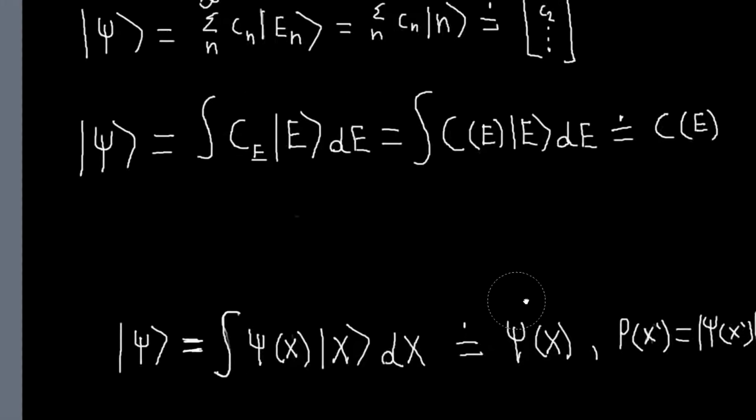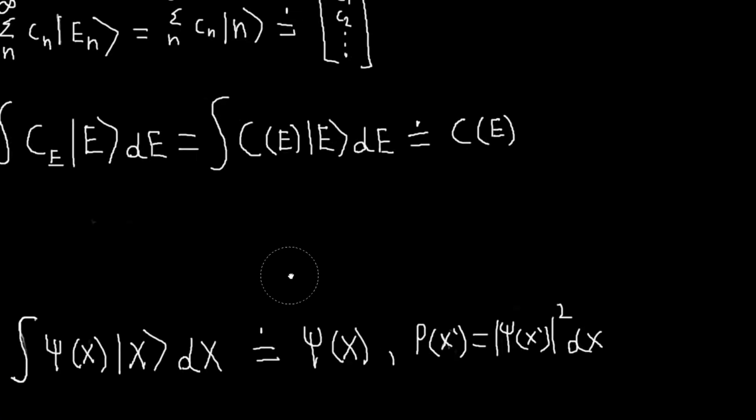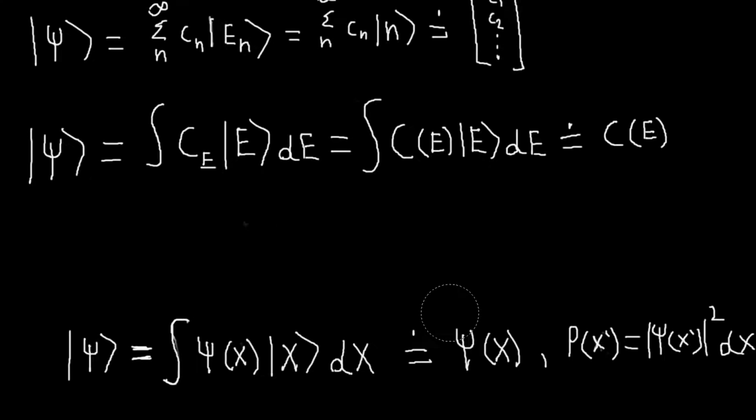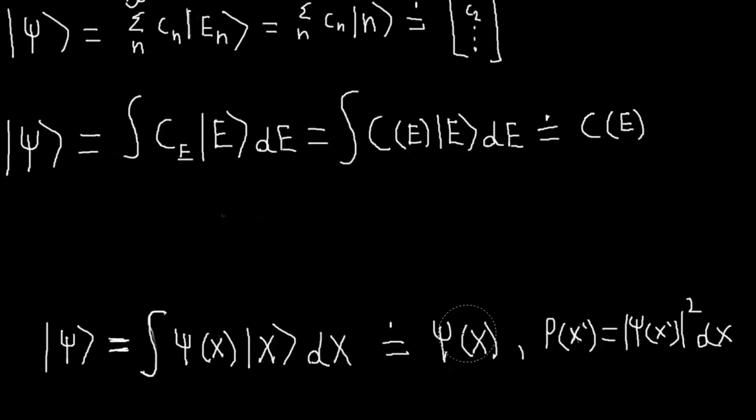And again, we'd work with our representation here, the wave function, and we'll have our state vector expanded in terms of the position eigenvectors, and have this representation here.